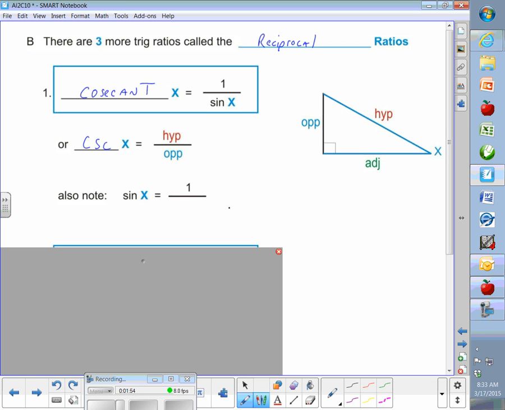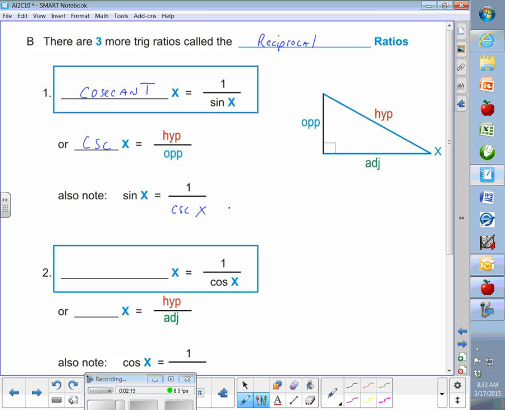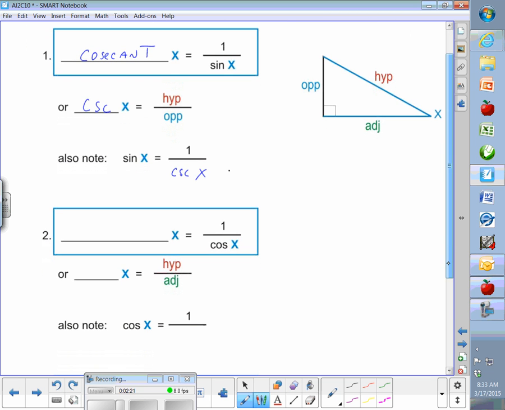You could also think of it this way: if the cosecant is 1 over the sine, then the sine must also be 1 over the cosecant. They are reciprocals of each other. All right, the second one is the reciprocal of the cosine, and that is the secant.